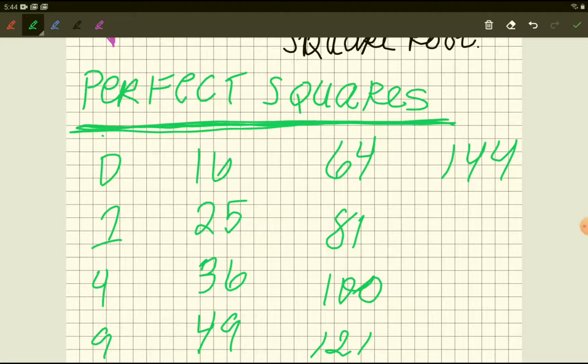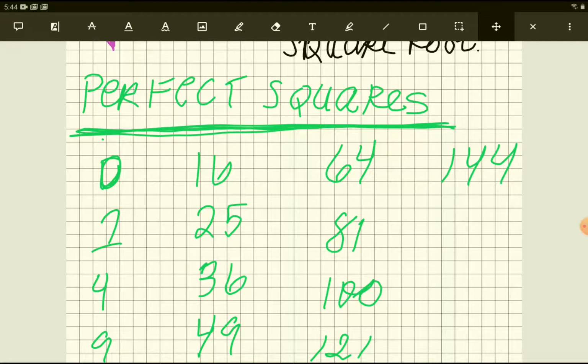These are the most common perfect squares, and it's good to have these memorized. These are your perfect squares in the green. Make sure you have this listed on your paper, because I'm going to be talking about these types of numbers a lot in this video. I'm going to go to the next page.